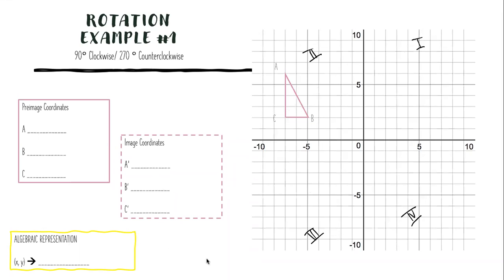So let's start off with the algebraic representation. The rule for 90 degrees clockwise is (y, negative x). So write that down. (y, negative x). This tells me to change the sign of x.